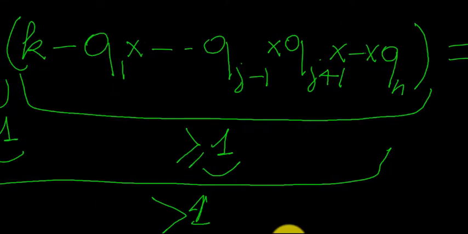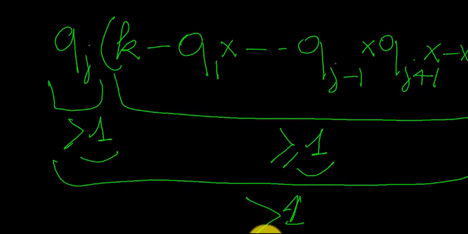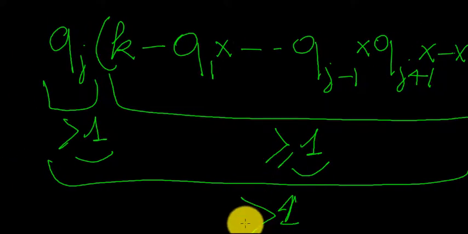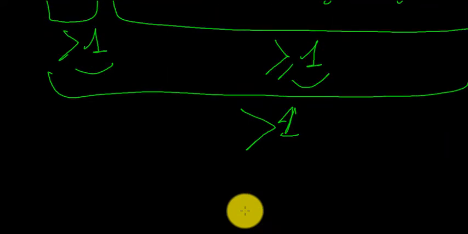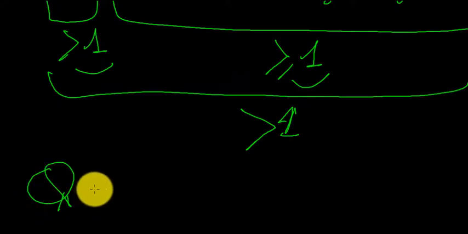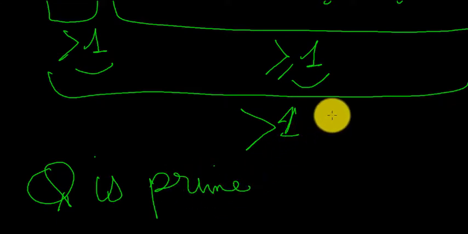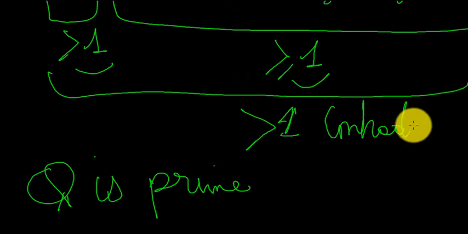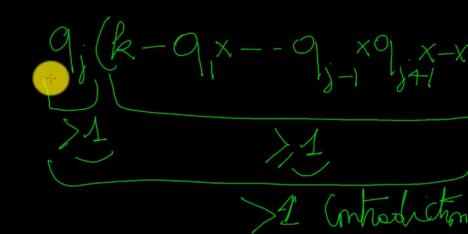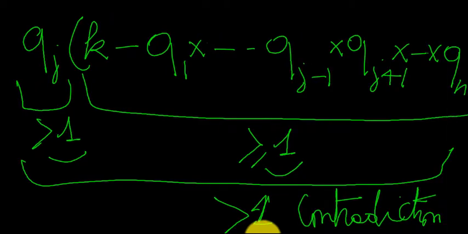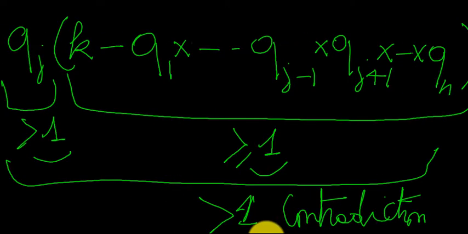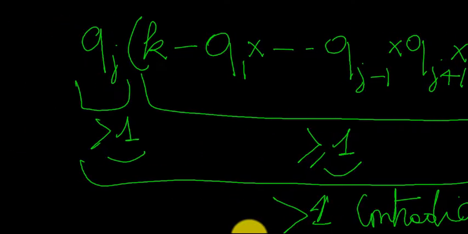So this is the contradiction, and that means that our hypothesis is false for Q. So capital Q is actually prime, because this is a contradiction. So this Qj times this equals to 1 is not true.